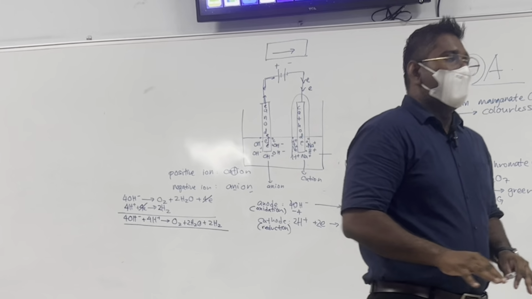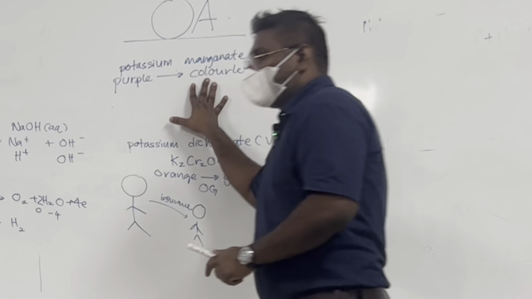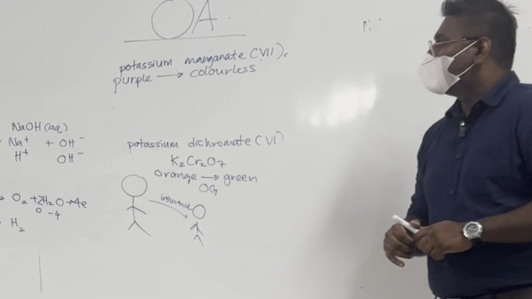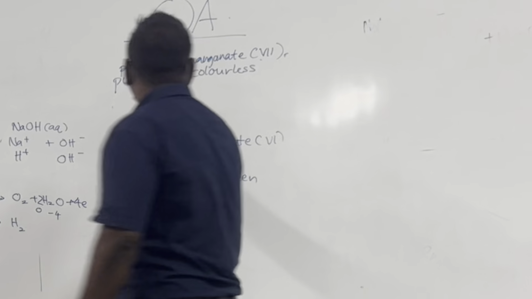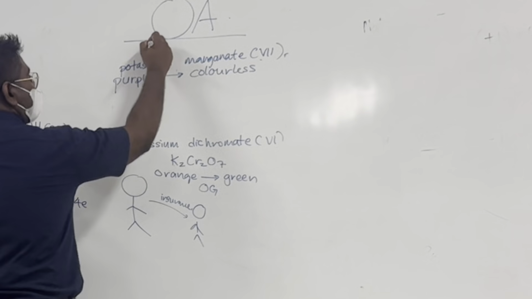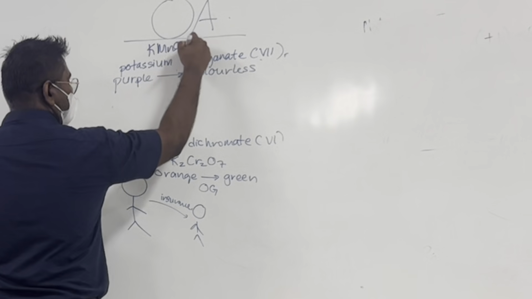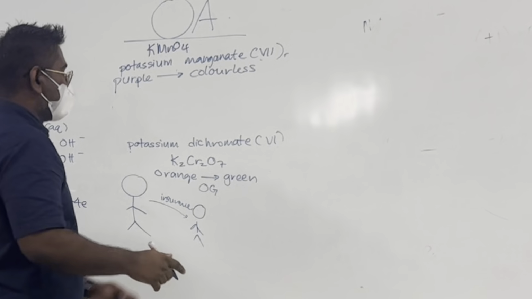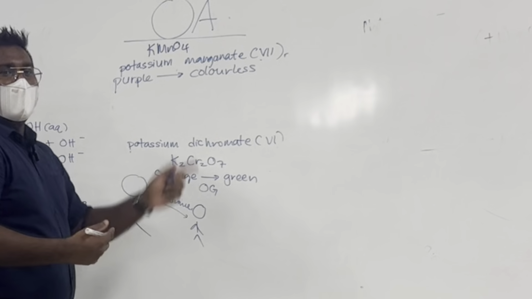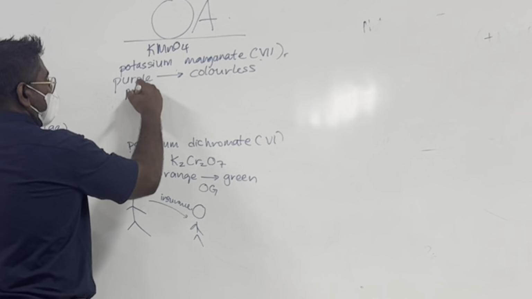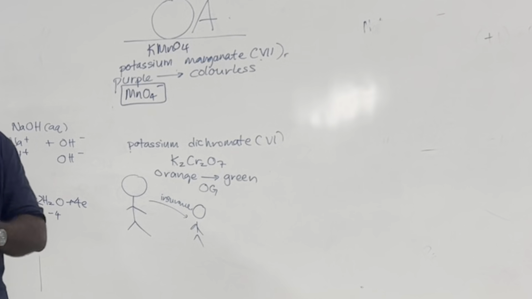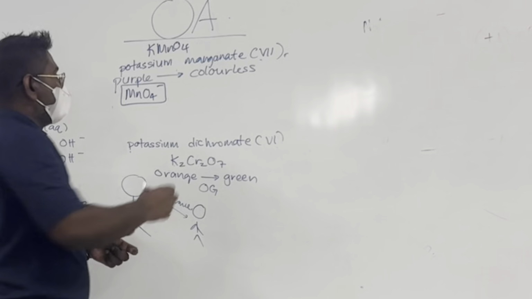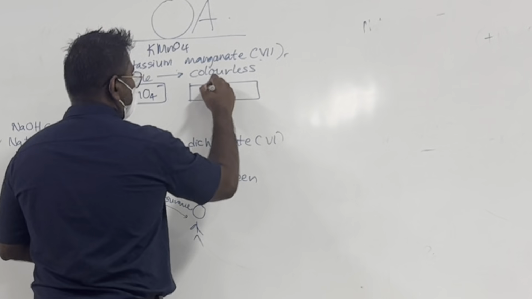Now, let's look at potassium manganate, KMnO4, and potassium dichromate, K2Cr2O7. The purple color is given by the MnO4⁻ ion. The colorless ion is given by Mn2⁺.